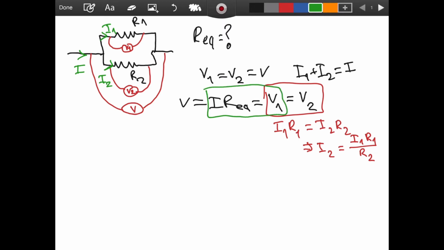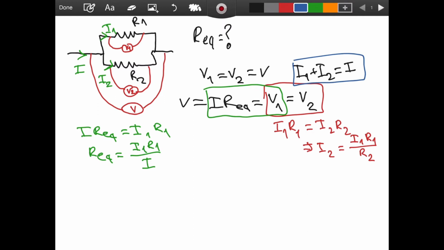And from the green part, if we want to solve for R equivalent, we can first write the right side as I1 times R1, then we divide both sides by I, so that we have R equivalent is equal to I1 times R1 divided by I. Now, here I said that I is equal to I1 plus I2, so let's just substitute that. Great, this is what we get.